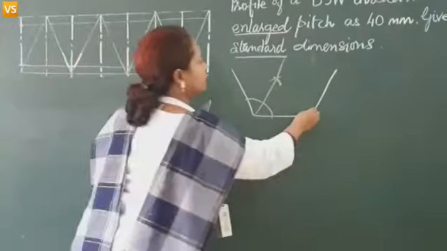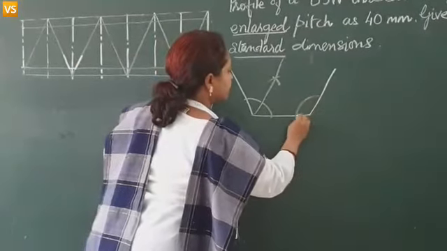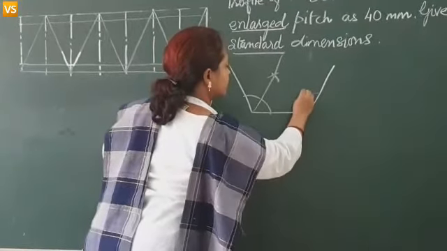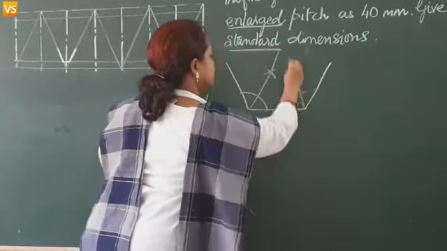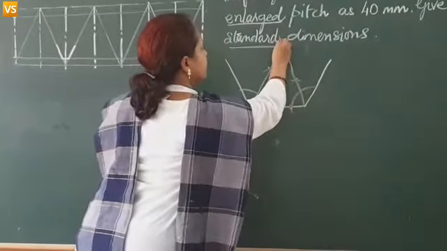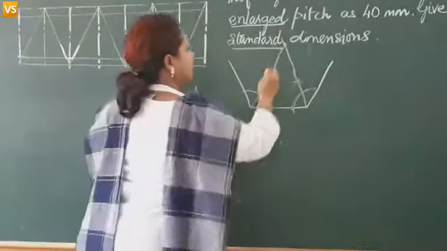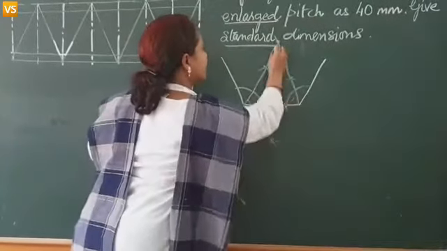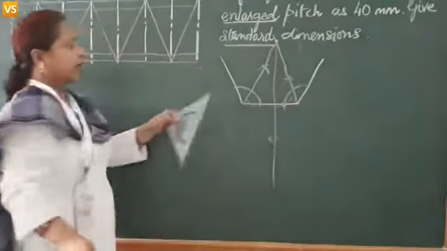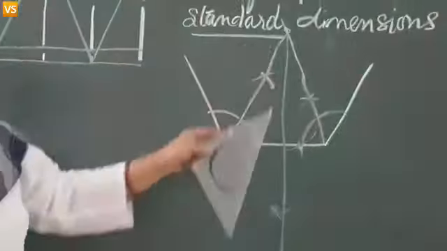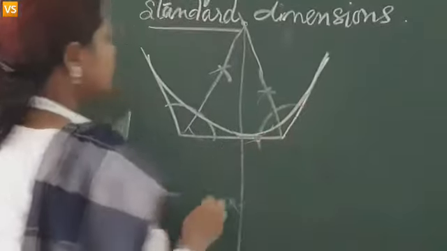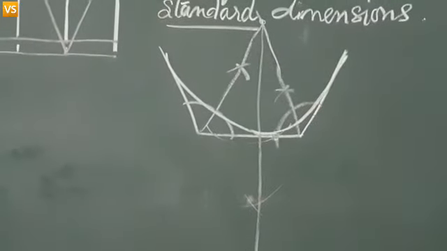Then you have to make another angle bisector here, this. Then through this point we made a perpendicular to this line, and with this point as center, this much radius, we used to draw a circle so that it touched all the 3 lines.